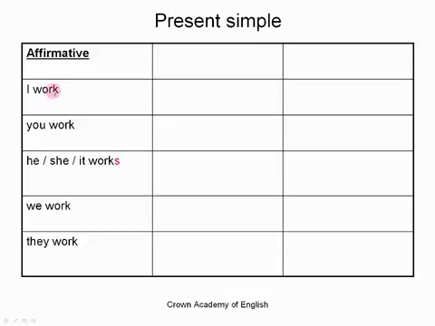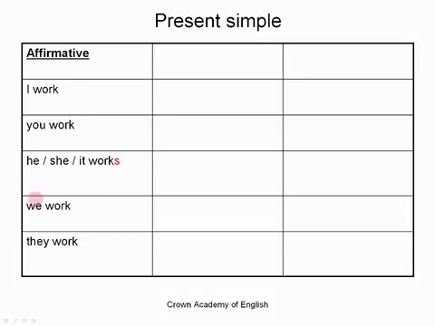It's the same with you work, this is the infinitive. And this is the only one which changes. This is the important one to look at. So it's the third person singular. So he, she, it works. So you add an S, a letter S to the infinitive.